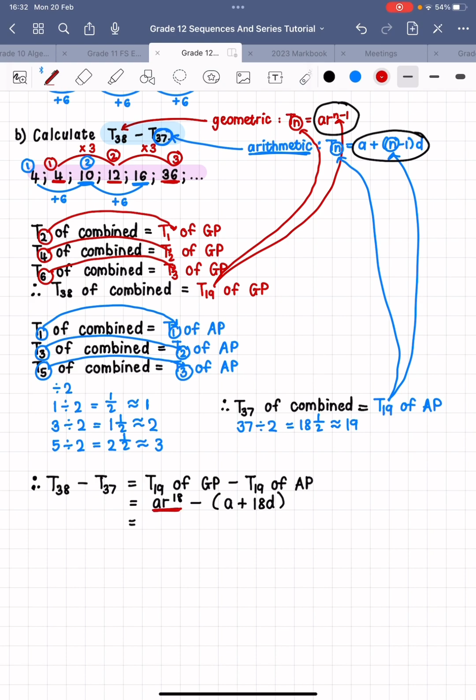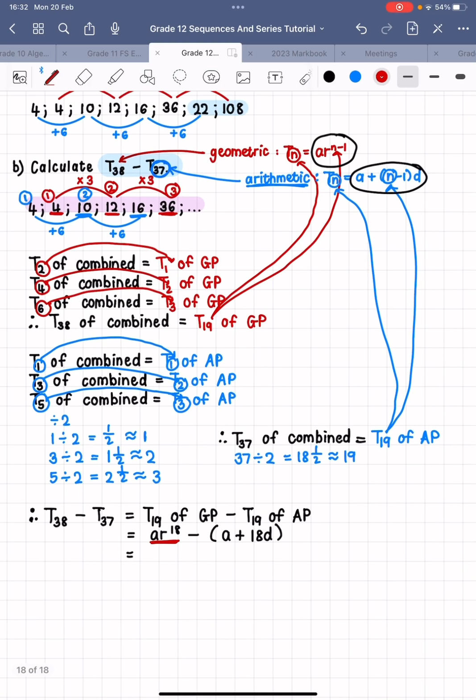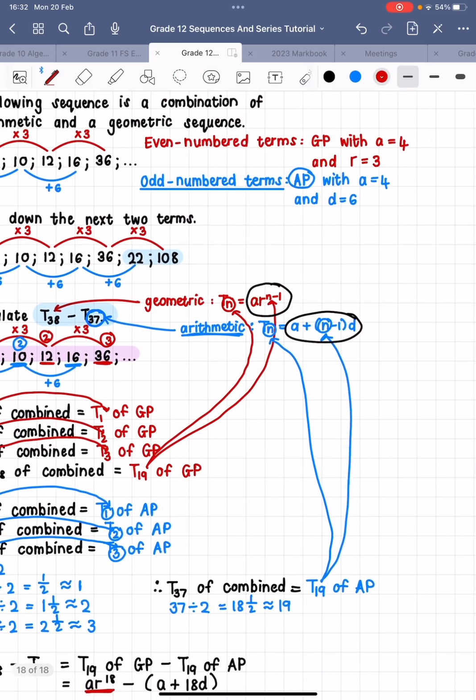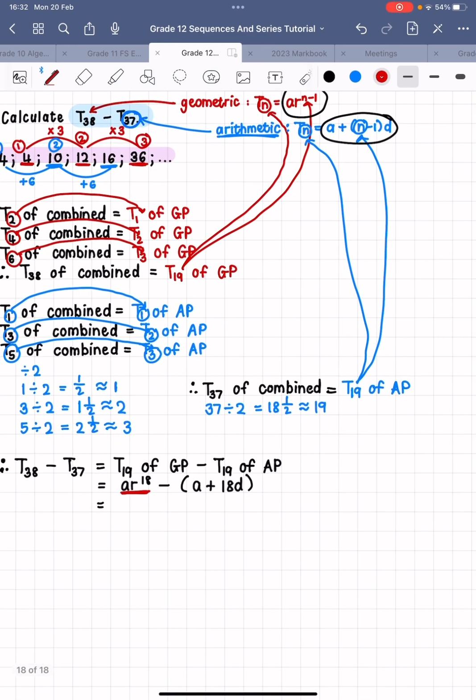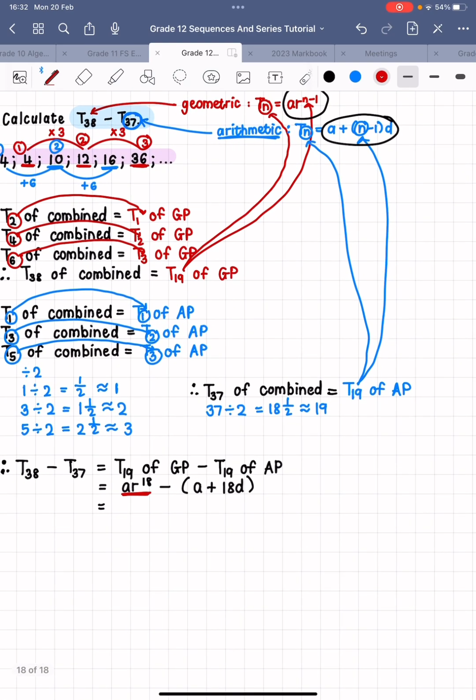This AR to the 18 is referring to the red number pattern. We said that our red number pattern is a geometric pattern with an A value of 4 and a ratio of 3. So we're going to say 4 times 3 to the power of 18 minus, and now for this, I'm actually going to use square brackets because I'm going to have to multiply things together.